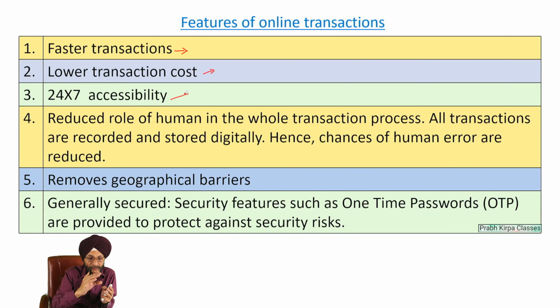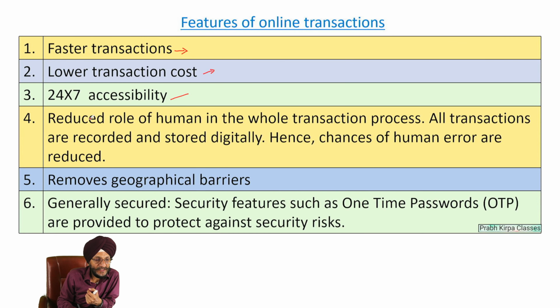There is some time period, office hours, or you will visit that house during daytime. But in the case of online transaction, you can purchase something or you can send the payment to another person anytime, whether it is day or night.